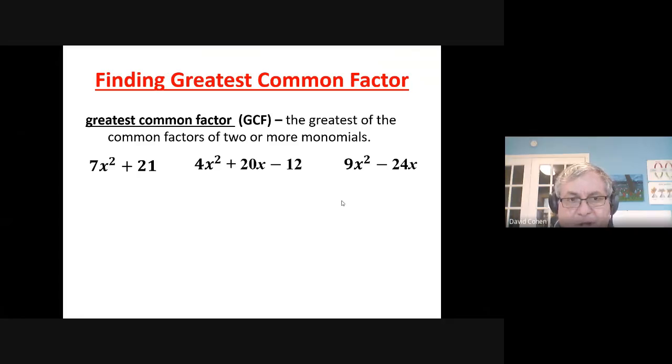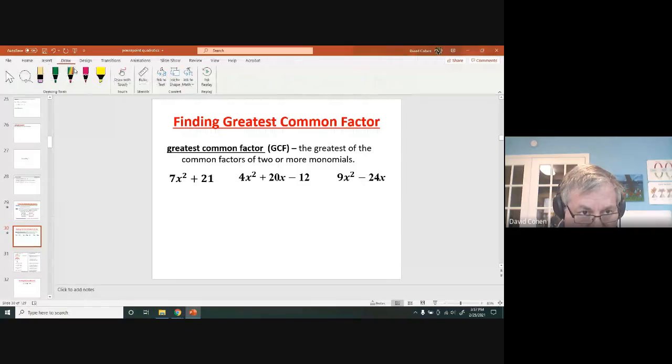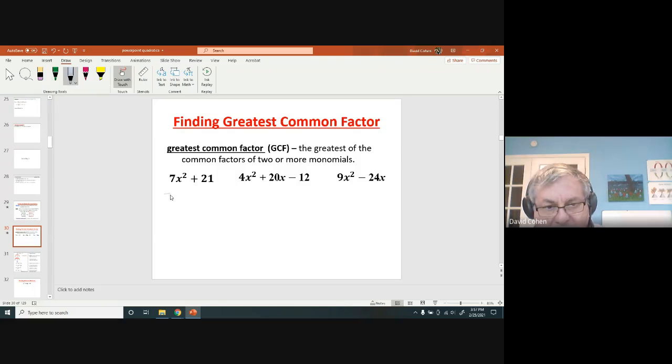Let's go back, and I will turn that into something you can actually take away with you. All right, so this first one, 7x squared plus 21, is the same as 7 times x squared plus 3.